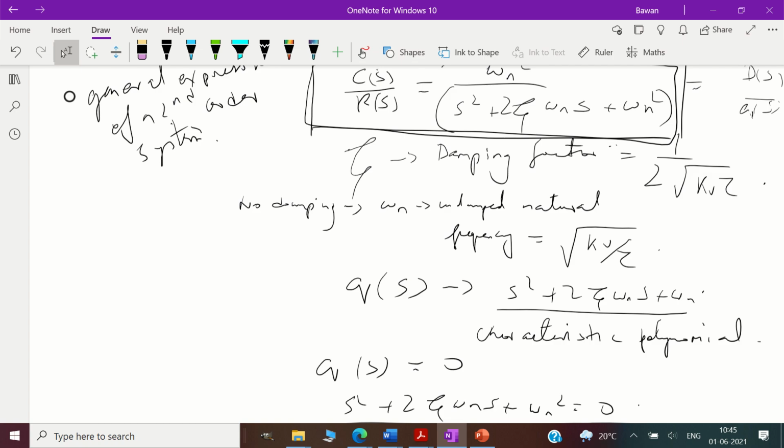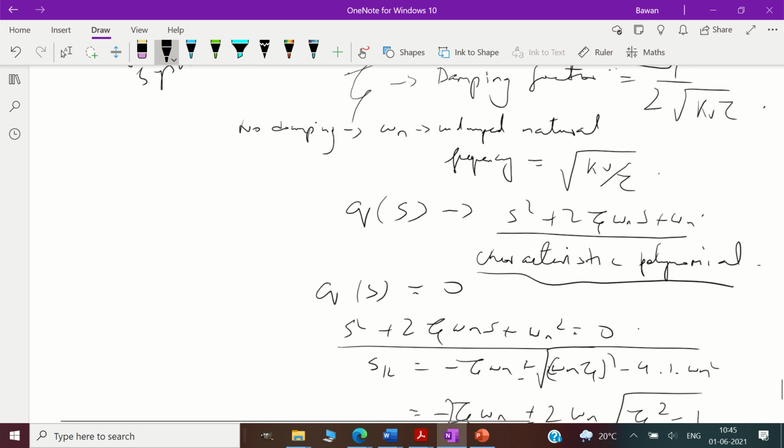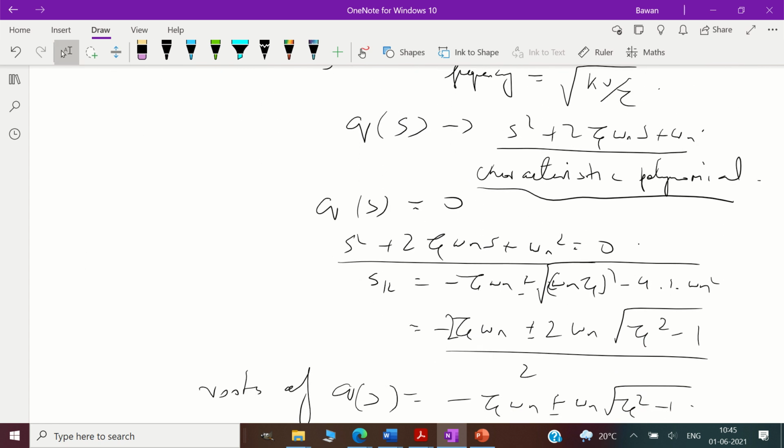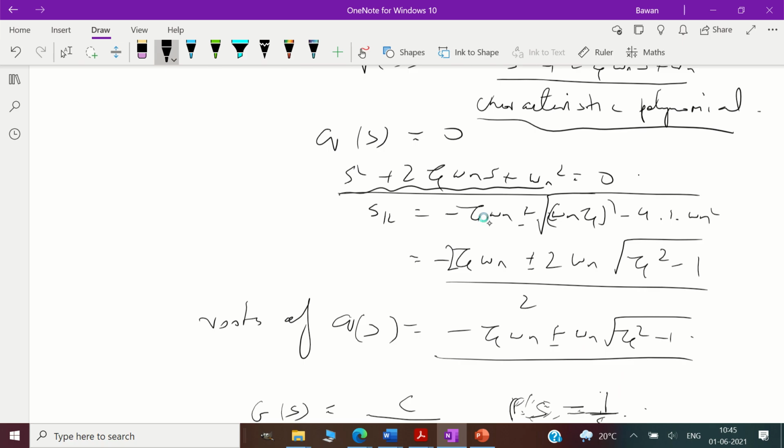Your denominator here, which is s squared plus 2 zeta omega n s plus omega n squared, will be called the characteristic polynomial. This will be equated to 0 to get the roots, and you can easily get the roots by solving this quadratic equation. So minus b plus minus root over b squared minus 4ac, all over twice a, and you do the needful calculation.